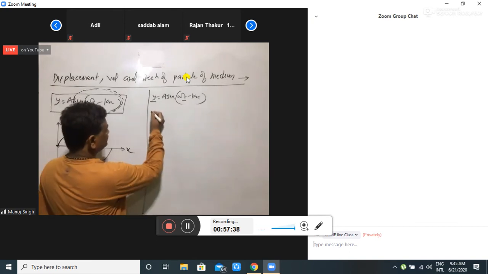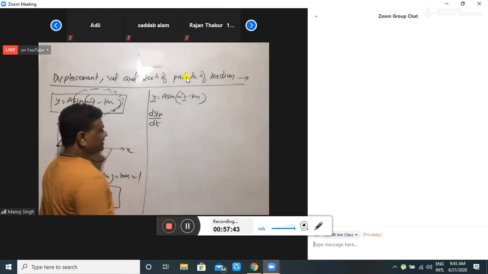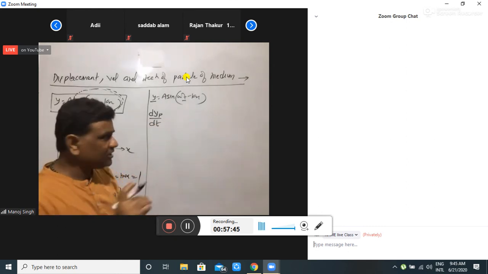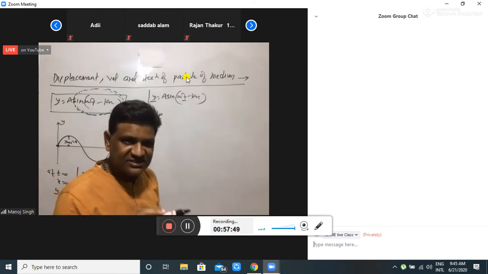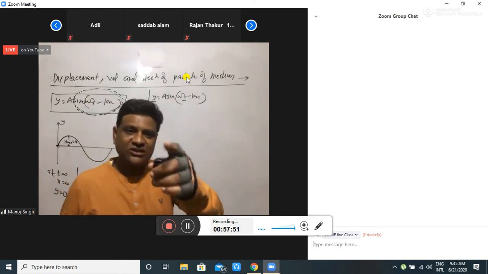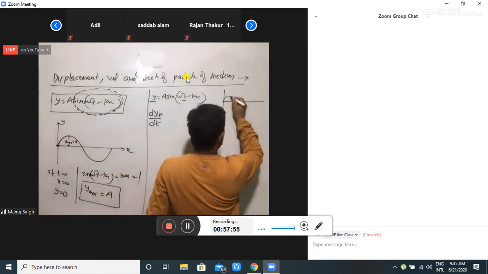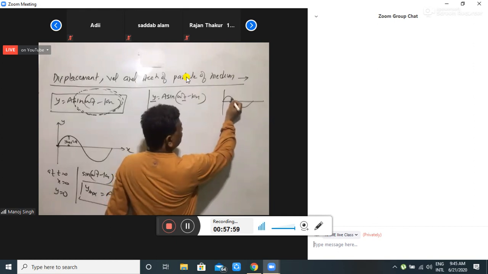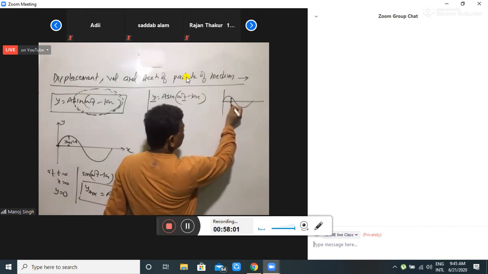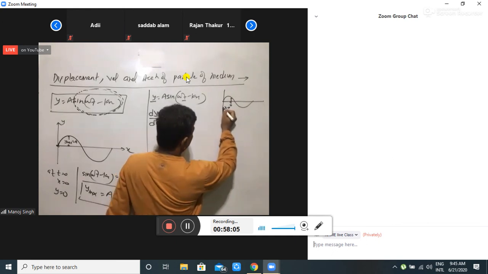Differentiation, that is dy by dt. I repeat again, differentiation of y with respect to t, keeping x constant. How to understand this part? As time changes, y also changes, but there is no change in x.